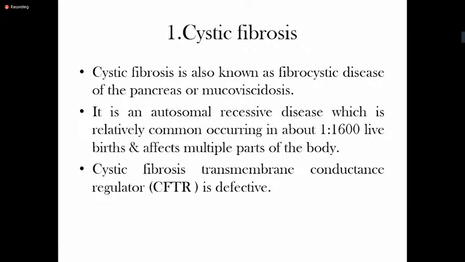It is an autosomal recessive disease, which is relatively common, and it occurs within a population as 1 in 1,600 live births, and it affects a single or multiple exocrine glands. Okay, cystic fibrosis transmembrane regulator is a protein which is defective in this disease.